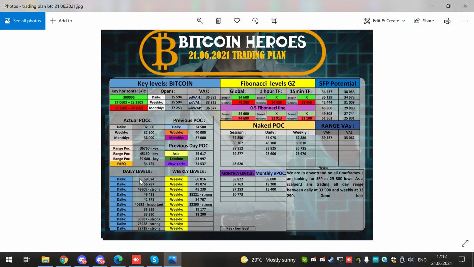So make sure you have all those daily and weekly levels. Also, those levels here usually change more often than, for example, daily levels. Those are not changing, but these levels are changing every day. Actual POC as well here, and Fibonacci levels are changing too.